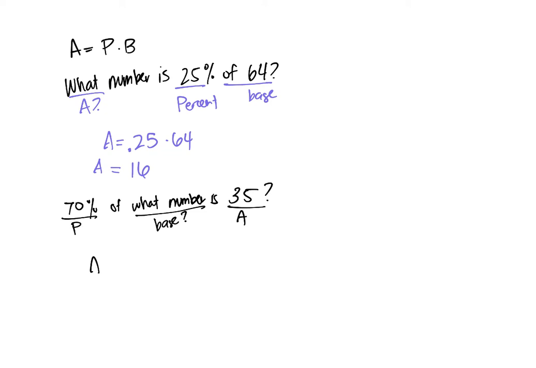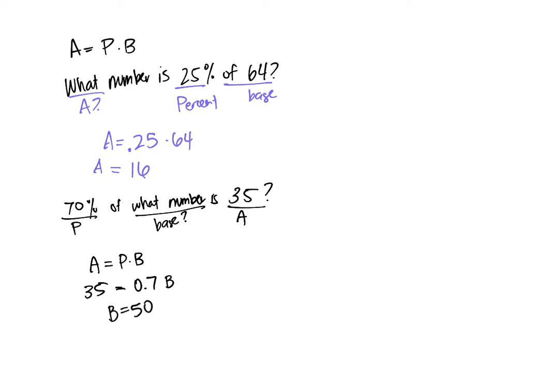Setting it up, A is equal to P times B. I know that A is 35, P is 70, which is 0.7, and then B is unknown. I'll solve for B by dividing by 0.7, which gives us 50. So B is equal to 50.